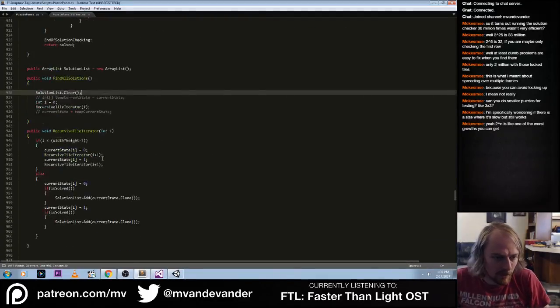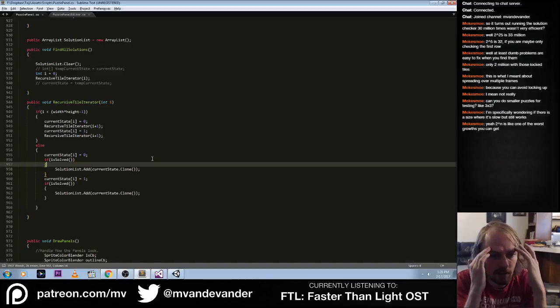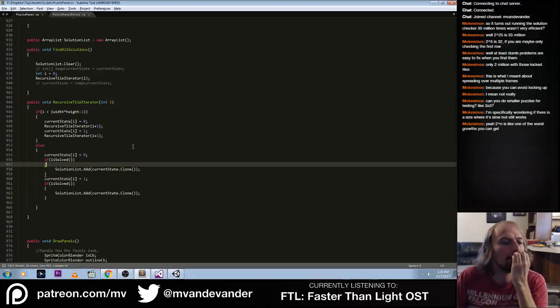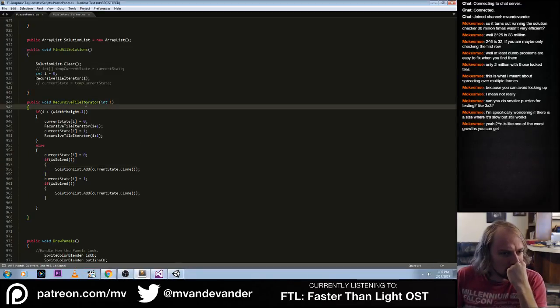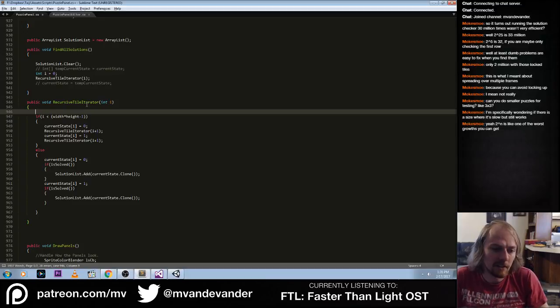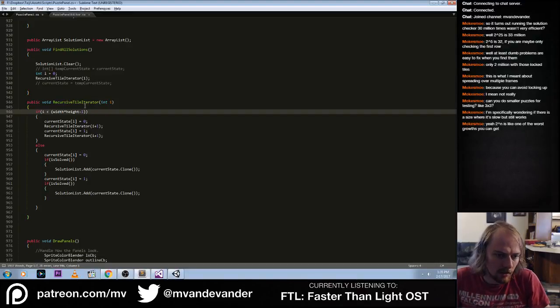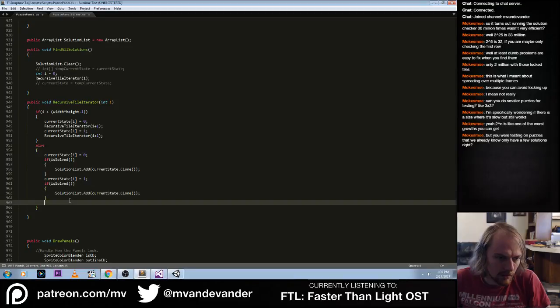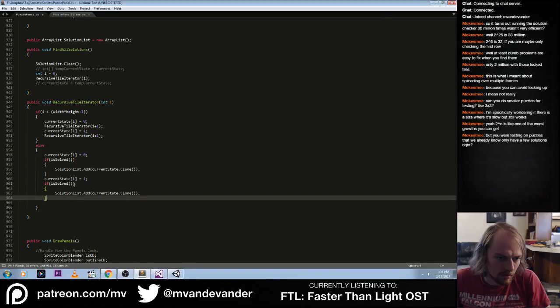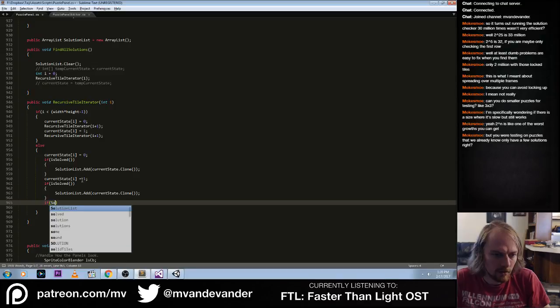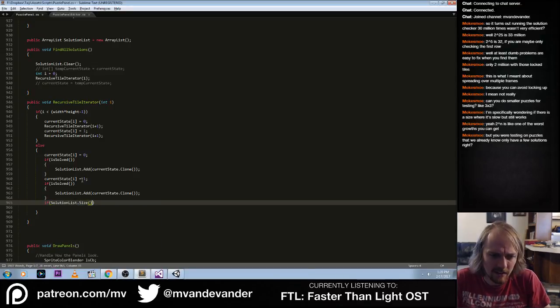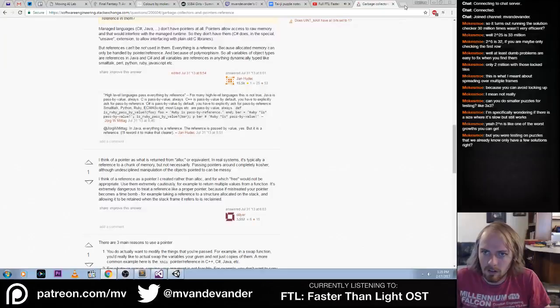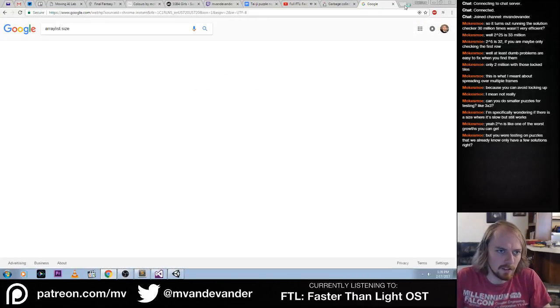Okay, so we got a solution list, so I basically need to do like this, right? When I add something here, I need to go if solution list dot, I think it's size, I'm not sure, array list dot size.